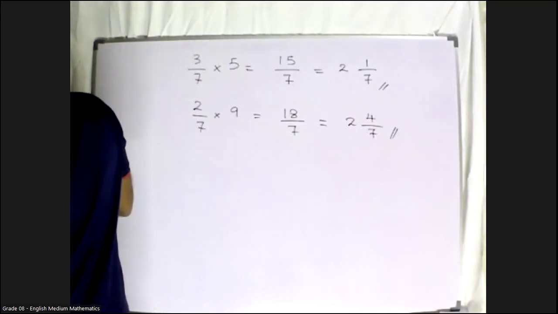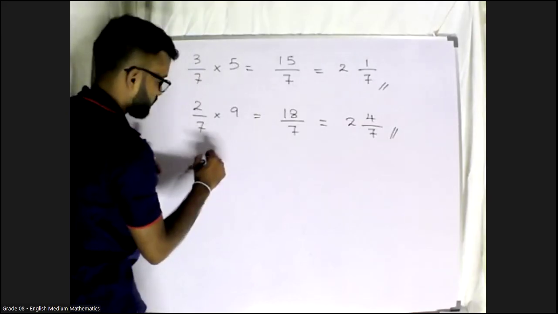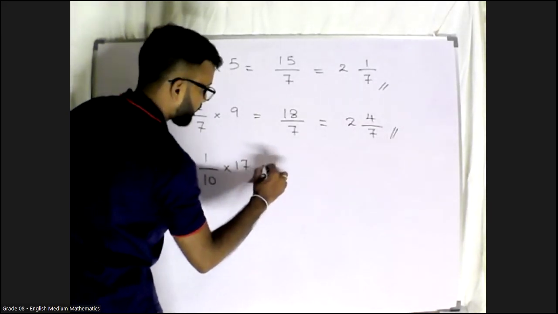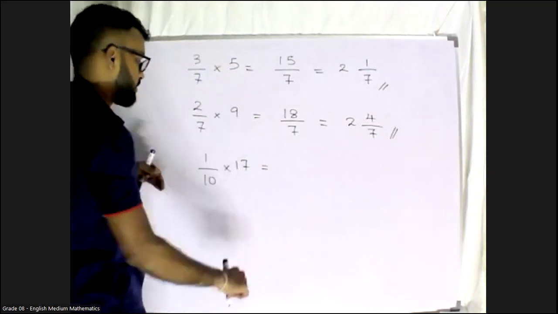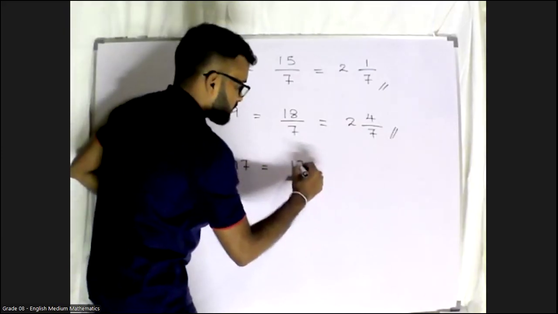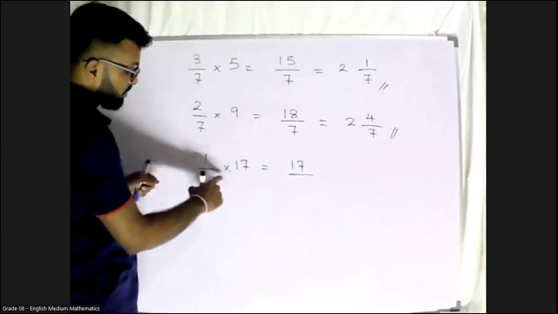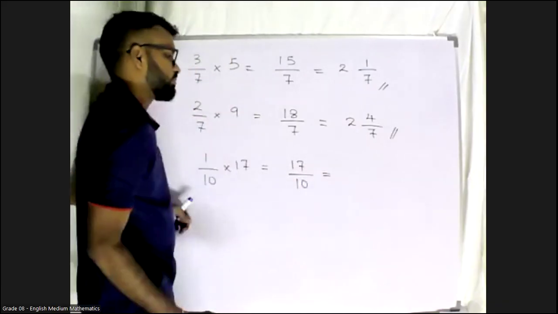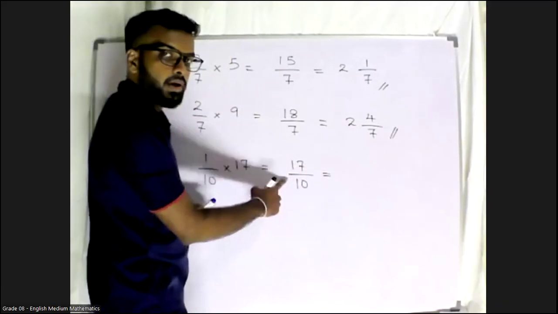The sixth one, 1/10 multiplied by 7. So how to do this? 1 times 7, 7. Then 17 divided by 10.